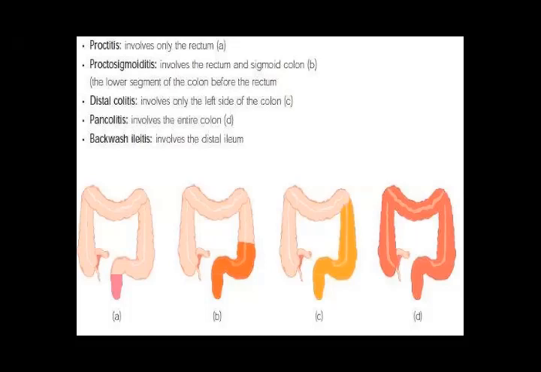So this is the regional involvement of ulcerative colitis. It is a disease of either the rectum, the sigmoid, the left-sided colon, or the whole of the colon. While in Crohn's disease, you will see skip lesions, one healthy area, one diseased area, another healthy area. So Crohn's disease is a skip lesion disease, and this is a continuous disease.